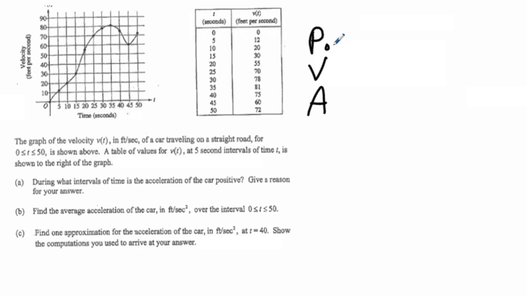P standing for position, V standing for velocity, and A for acceleration. And these P, V, and A are different relations that are different dimensions of the same thing.